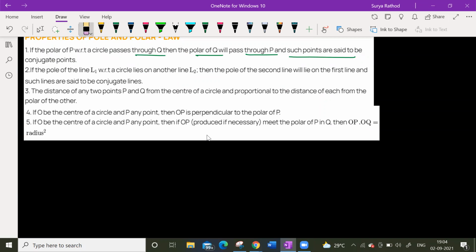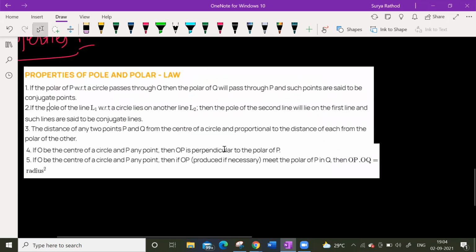Understood? These two points will be called conjugate points. Remember this, we will solve questions after this also.